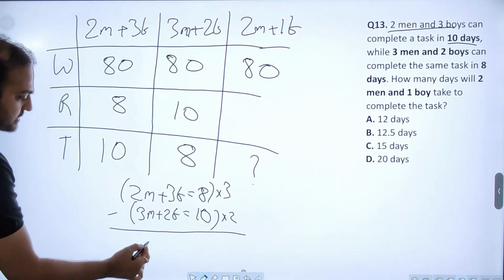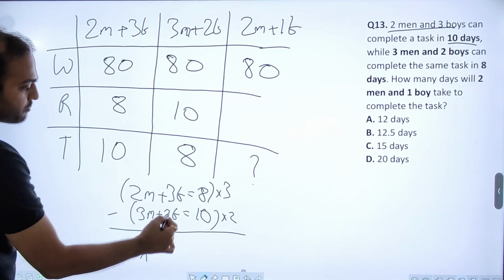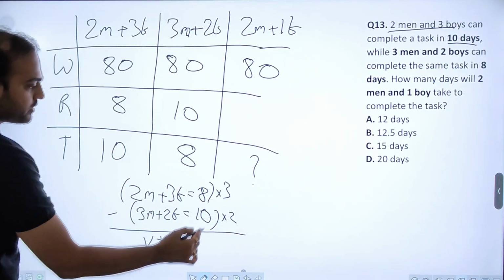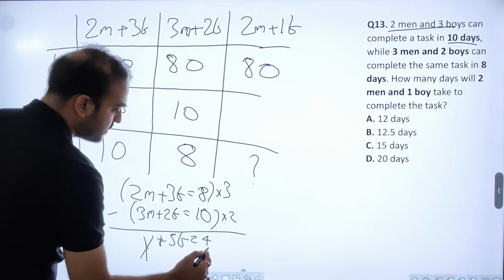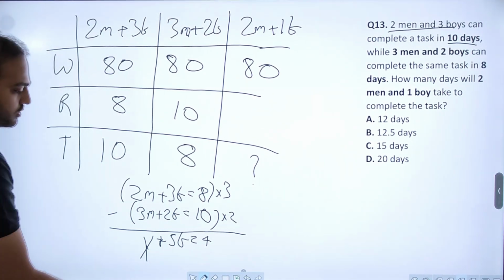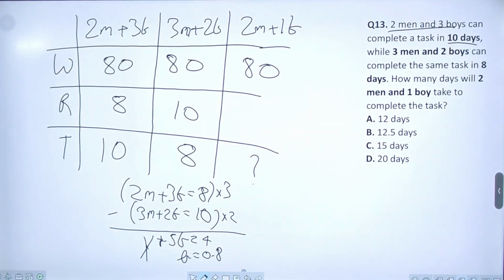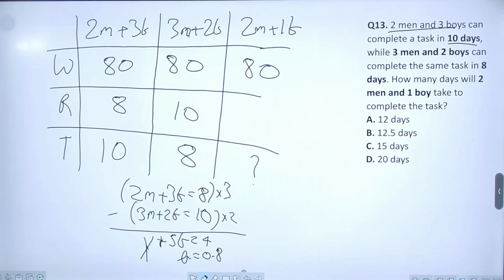So 6 men cancels out. 9 boys minus 4 boys is 5 boys. 24 minus 20 is 4. Rate of boys is 0.8.